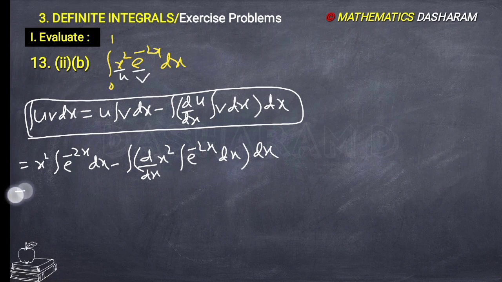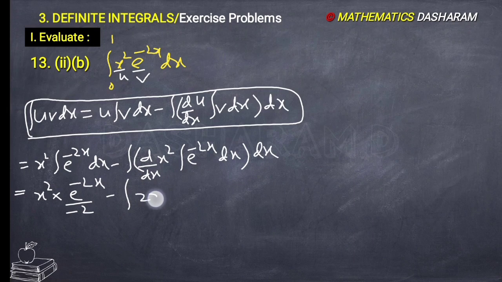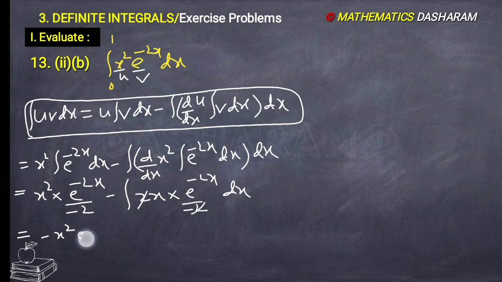So it is equals to x square into e power minus 2x by minus 2 minus integration 2x into e power minus 2x by minus 2 all dx. Next here 2 cancel, minus x square into e power minus 2x divided by 2, here minus, so minus into minus plus integration x into e power minus 2x dx.